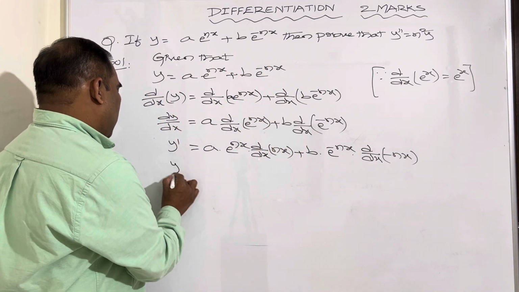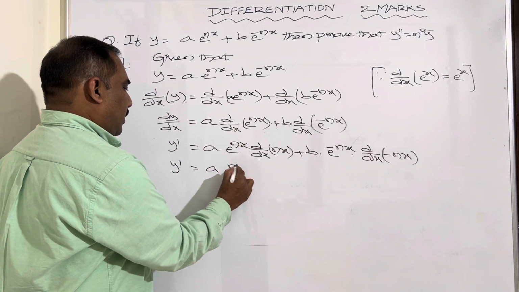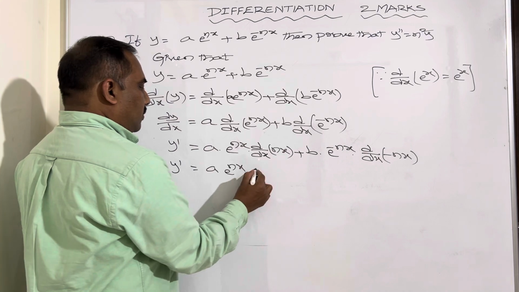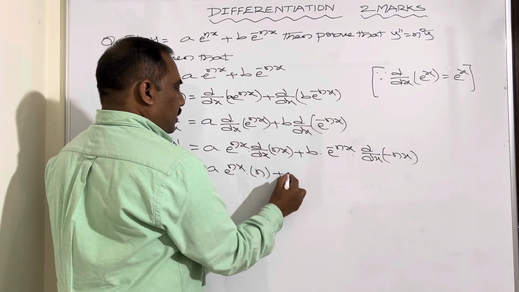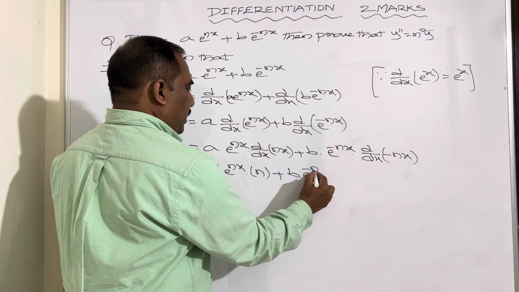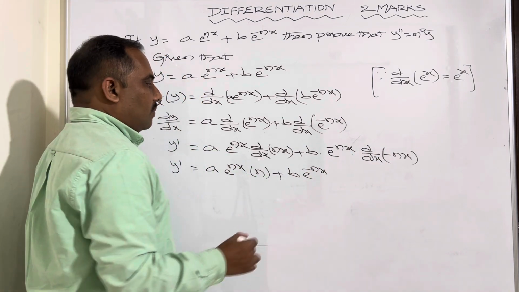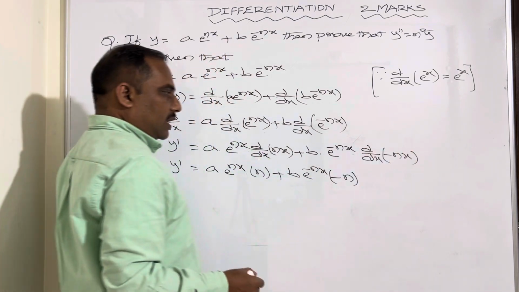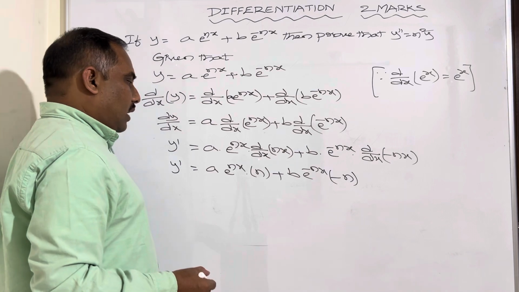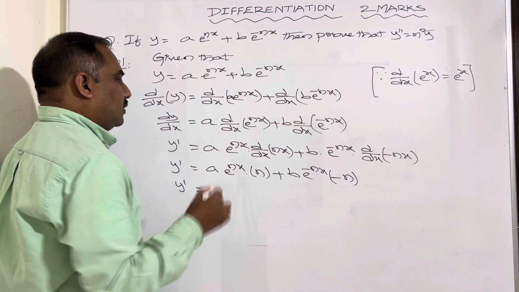So now y dash is equal to a into e to the power of nx into derivative of nx, which is n, plus b into e to the power of minus nx into derivative of minus nx, which is minus n times the derivative of x, and the derivative of x is 1.